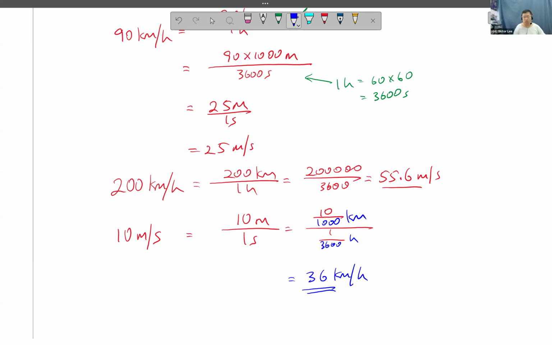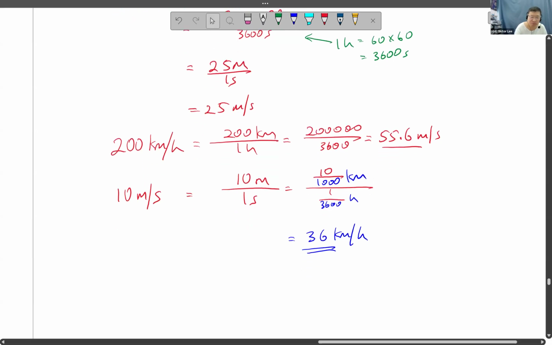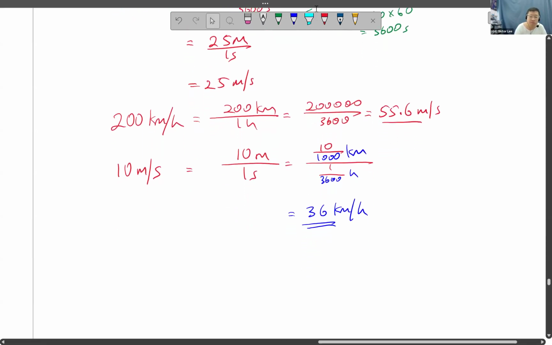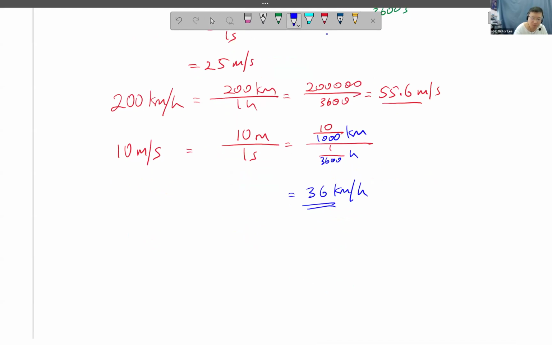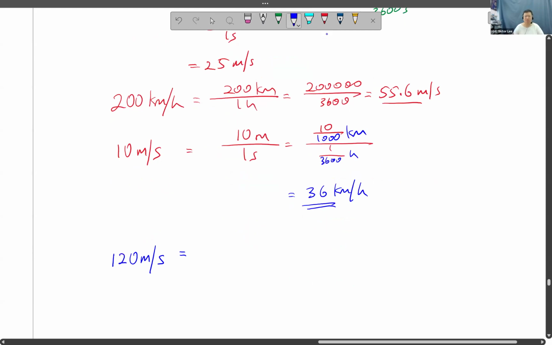You need kilometer per hour. Very good. Okay, come, let's try another one. Let's say 100 meters per second. Let's say a bullet flies 100 meters per second. What do you think is km per hour? Sorry, too easy. 120. Because you times 10 you can already.